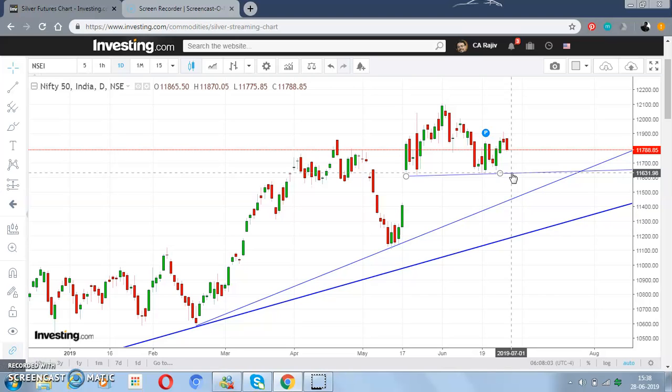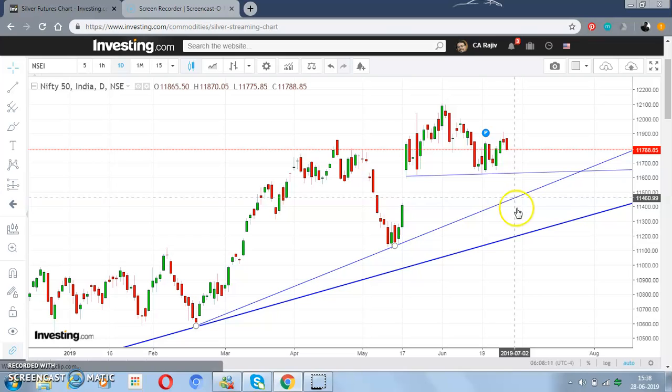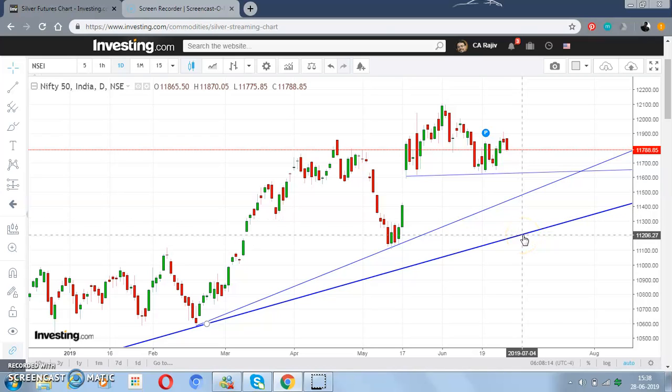Once that is broken, then we can anticipate the prices to get the next support at 11,450 and a very major support at 11,200. So in the next few days one can expect that if this 11,600 level is broken, then we have these subsequent targets.